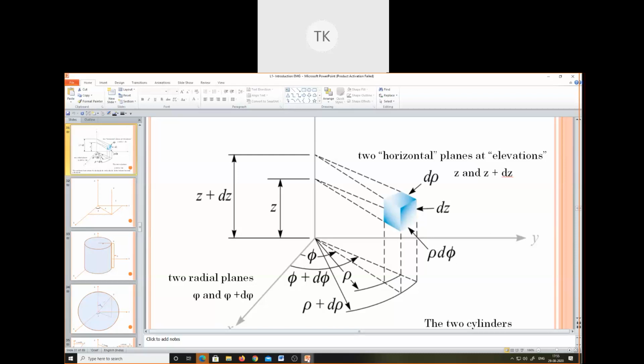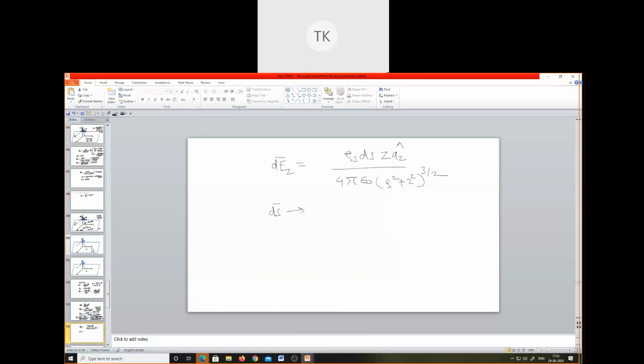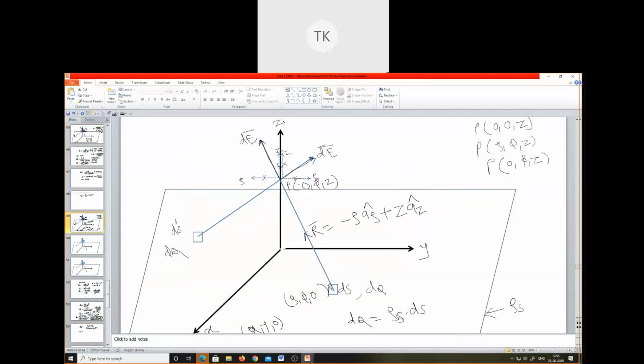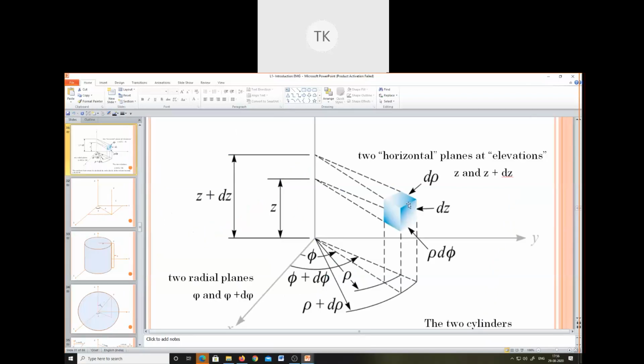In our case, we have considered a differential surface area in the xy plane. So what will be the value of the differential surface area in the xy plane? It is the differential surface area projected on the xy plane. I hope you are getting this.